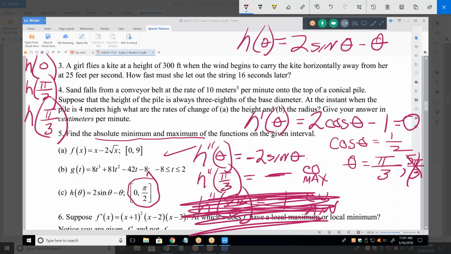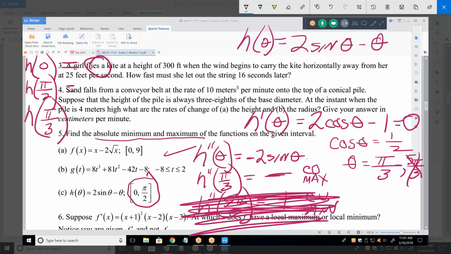So let's just test your trig knowledge. h of 0, that's just 0. What's h of pi over 2? Start with what's the sine of pi over 2?